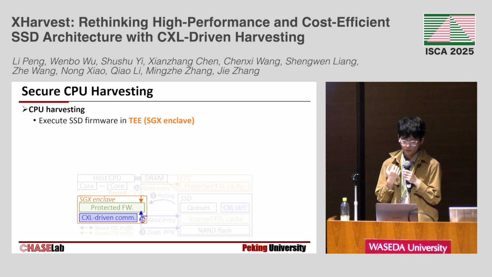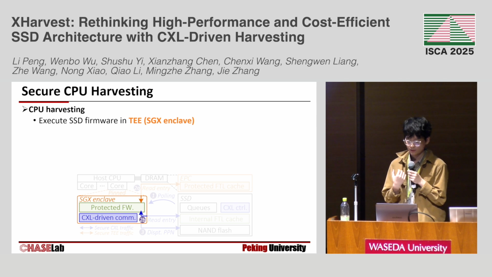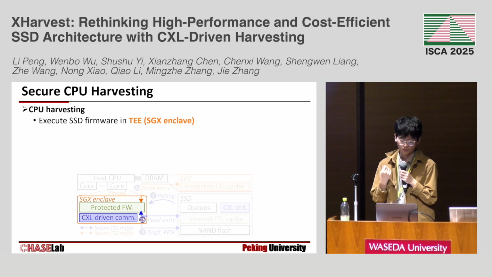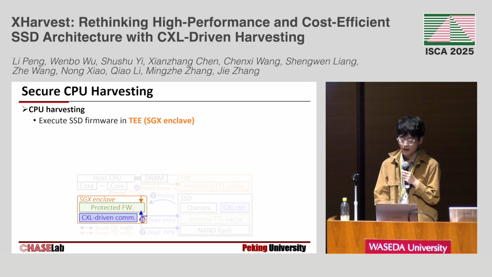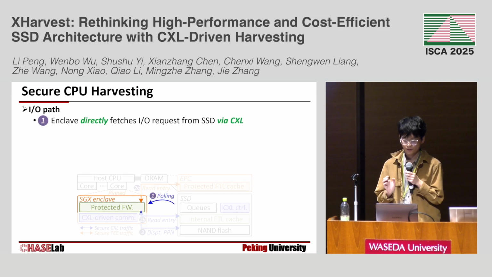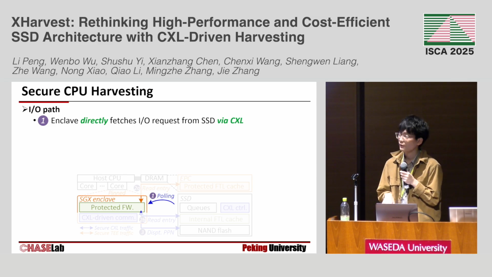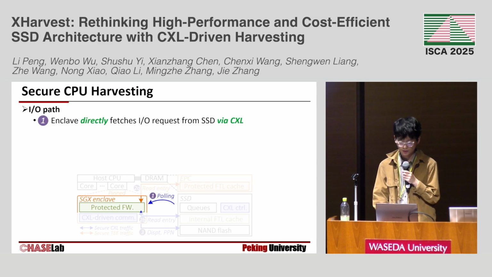XHarvest executes the firmware within the SGX enclave, which exploits the powerful host CPU for the firmware task while protecting sensitive algorithms. Now, let's explore its IO path. First, by leveraging CXL, the enclave can directly fetch IO requests from the SSD.